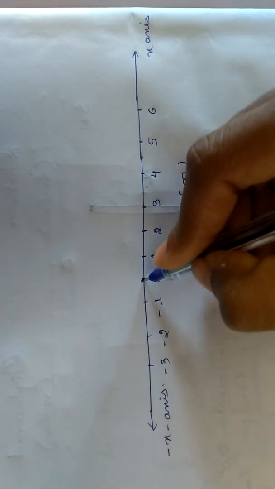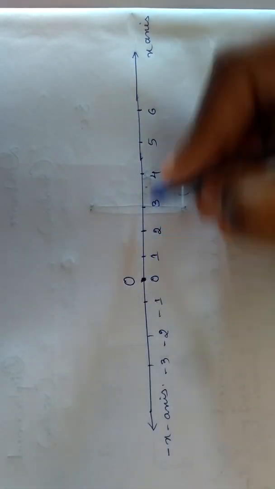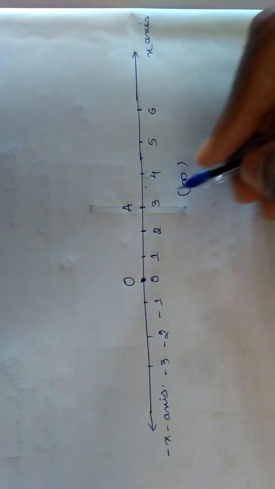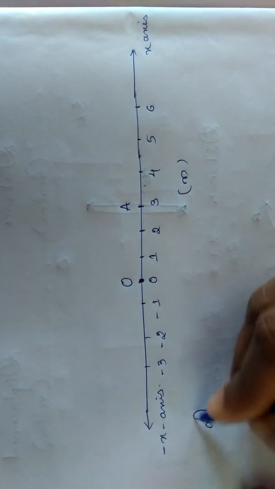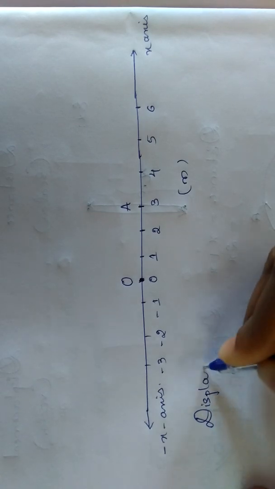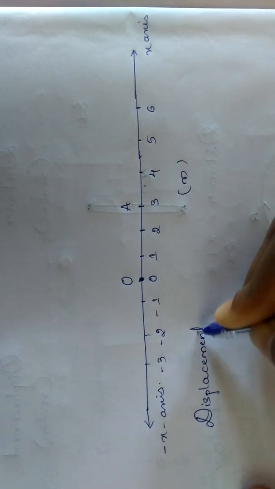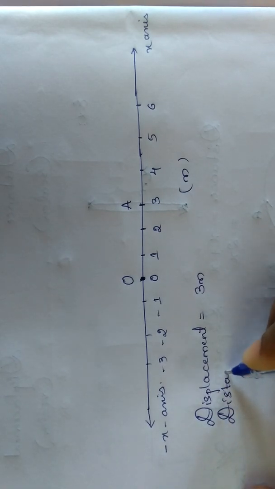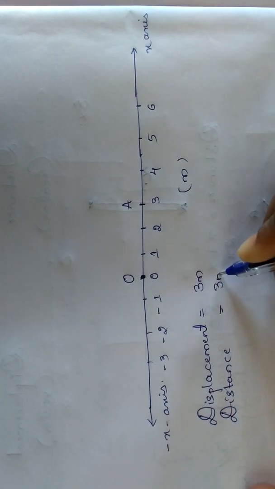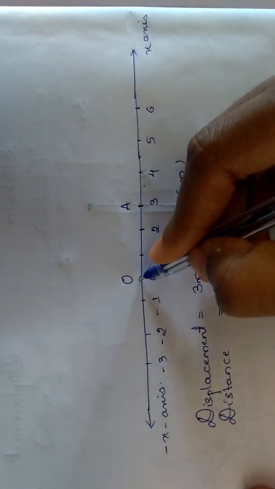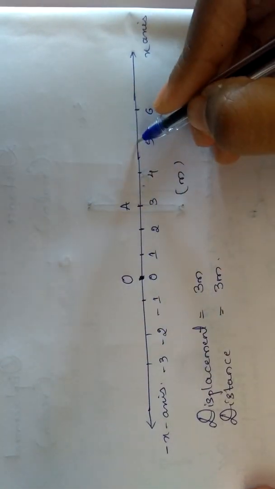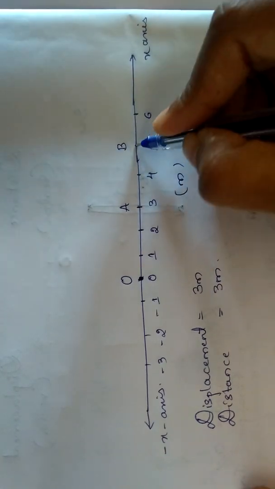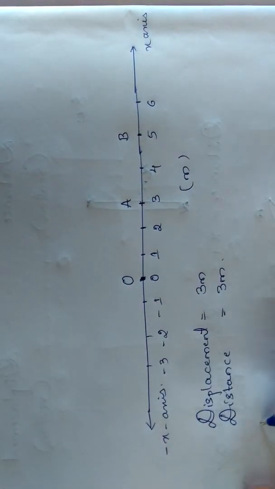If a particle moves from position O to position A, the displacement will be 3 meters and the distance is again 3 meters. Now I will make the object travel to position B, then come back to position A.